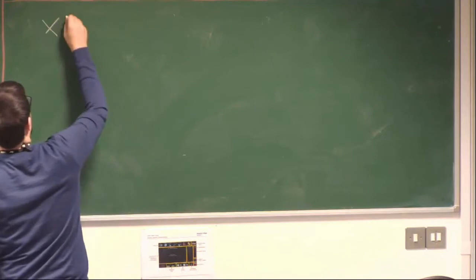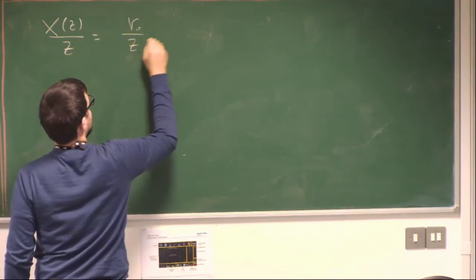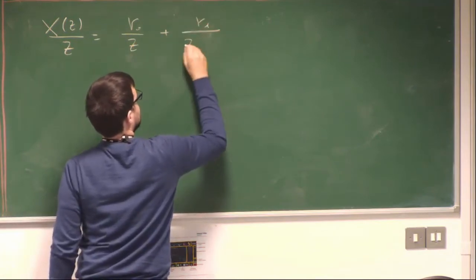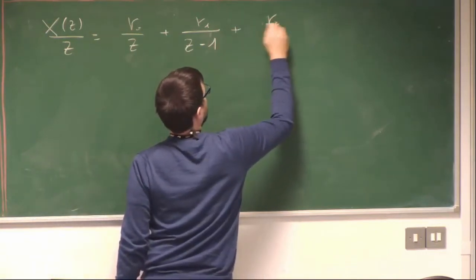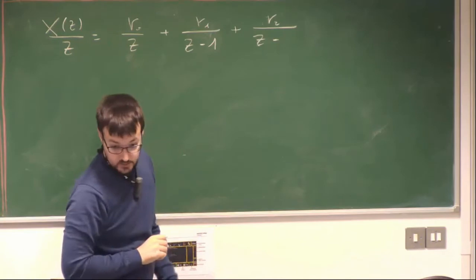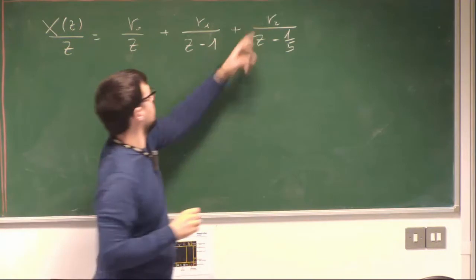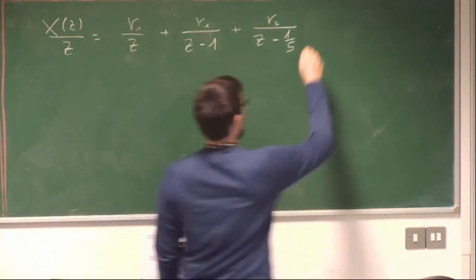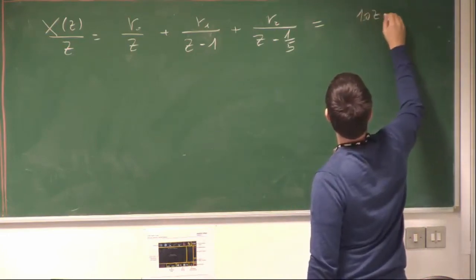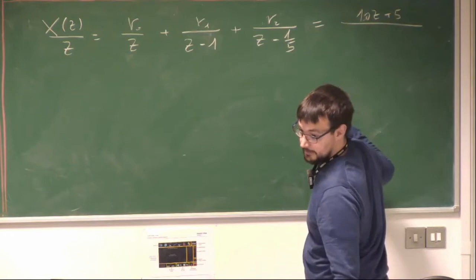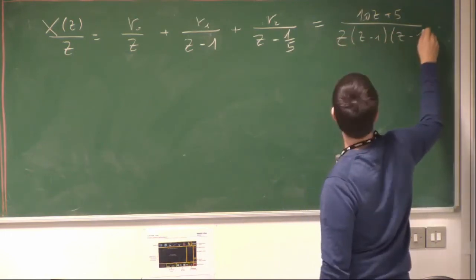You want to write X(z) divided by z as r0 divided by z, plus r1 divided by (z minus 1), where the pole is 1, plus r2 divided by (z minus 1/5), where the pole is 1/5. Now we want to find r0, r1, and r2 such that this is true, where X(z) divided by z is (10z plus 5) divided by z times (z minus 1) times (z minus 1/5).